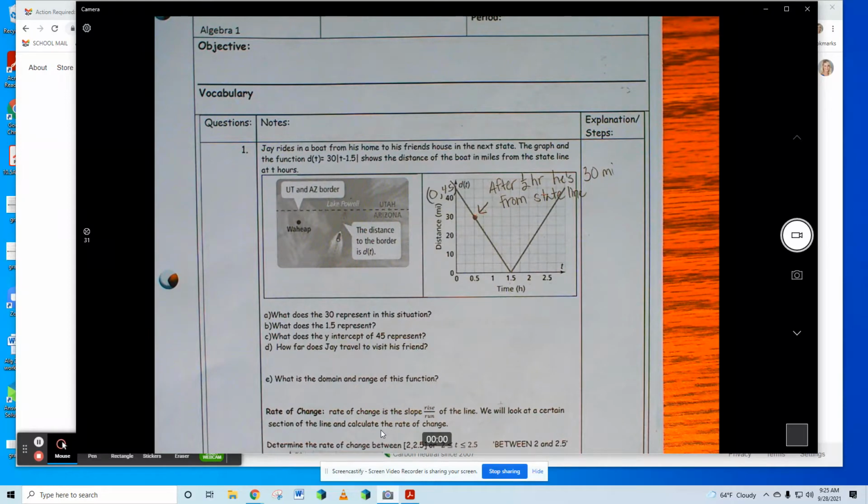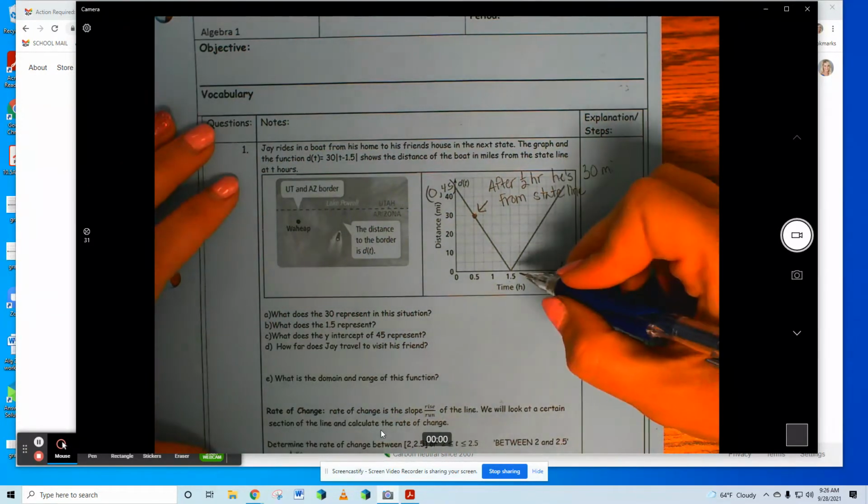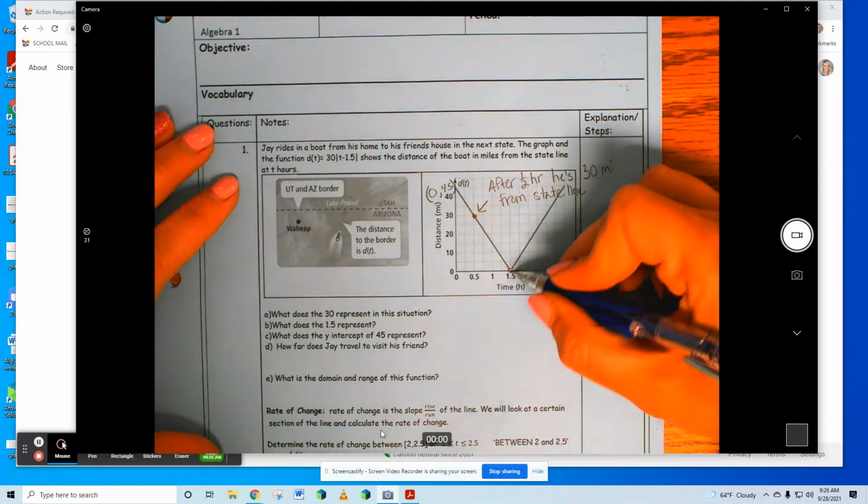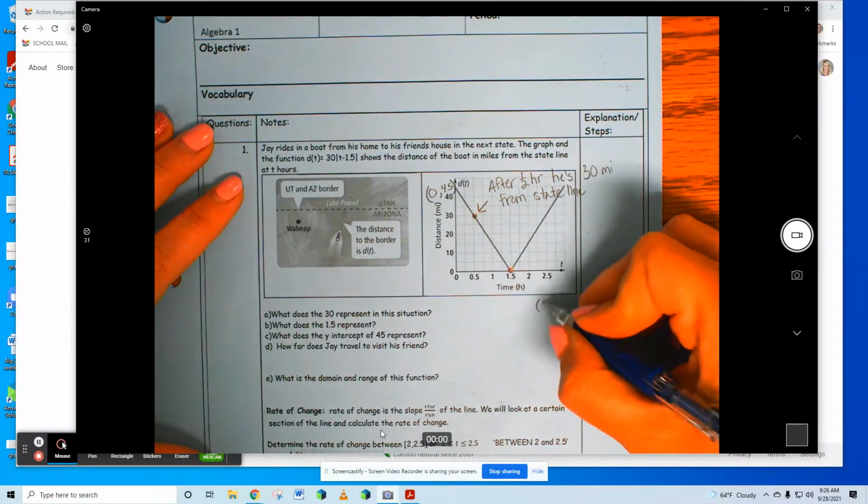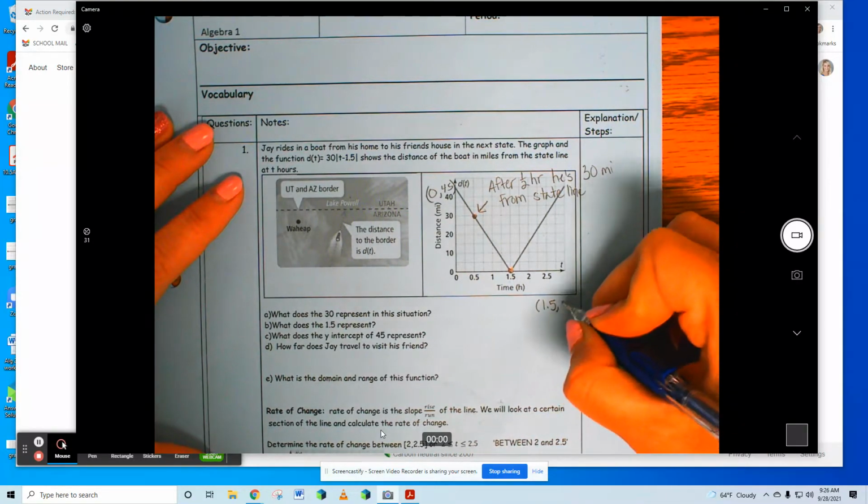The state line is this V, the vertex of my V. And this means vertex (1.5, 0).